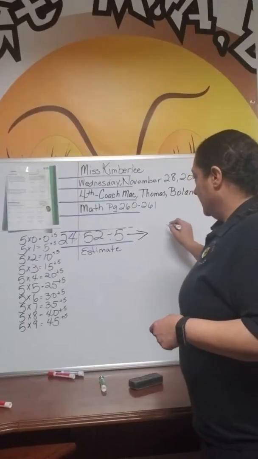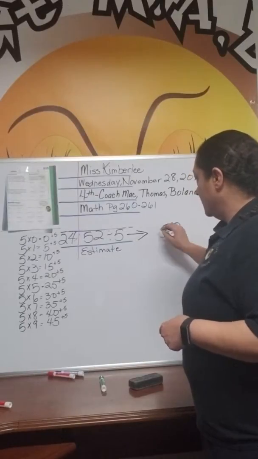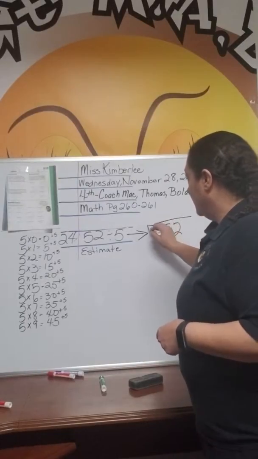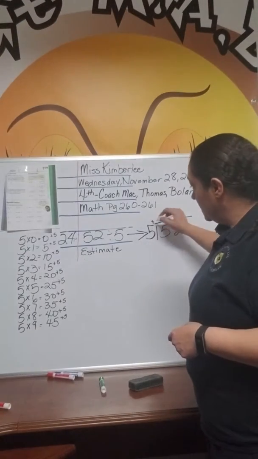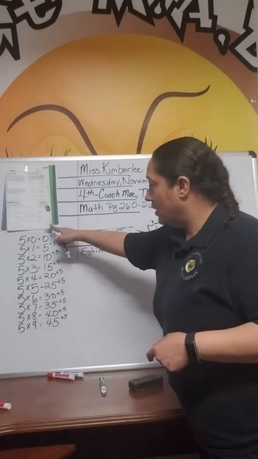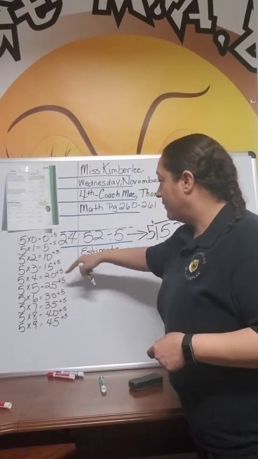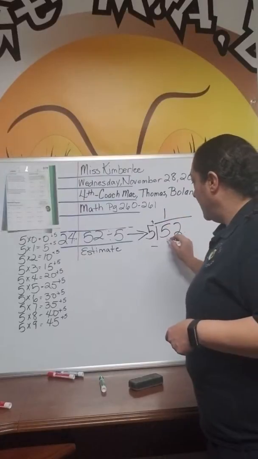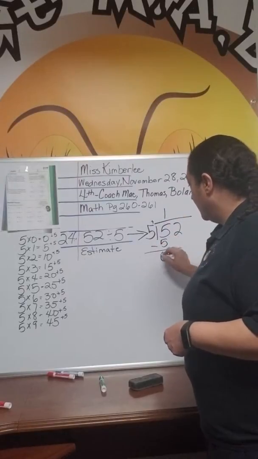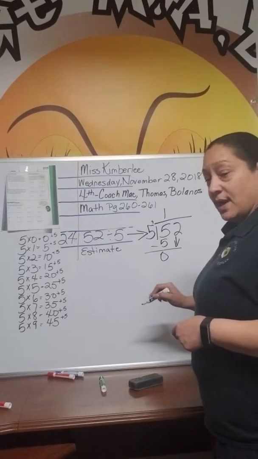So you rewrite it. The first number goes in the house. The second number goes outside the house. 5 times what will give you 5? You look over here and you say, okay, well, there's 5 right there. So 5 times 1, you put 1 here. 5 times 1 equals 5. You subtract that. You bring down the next column.